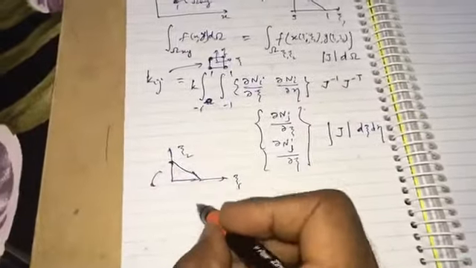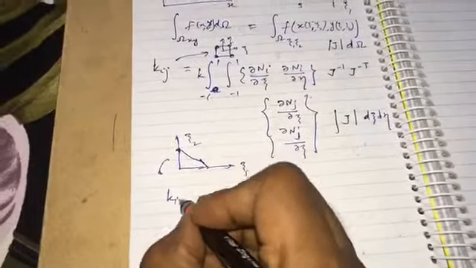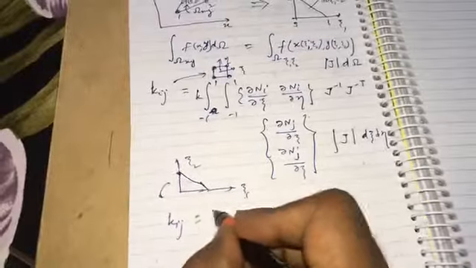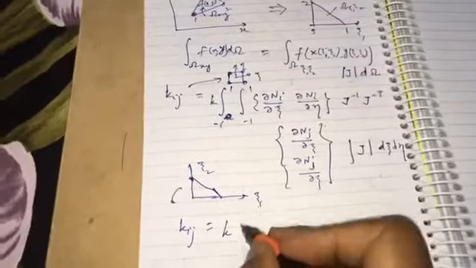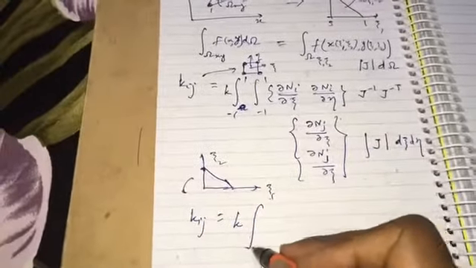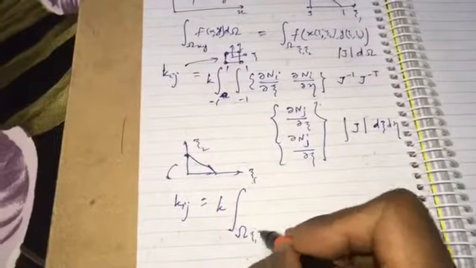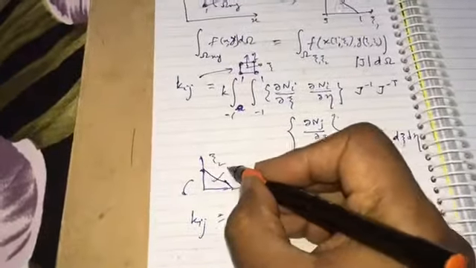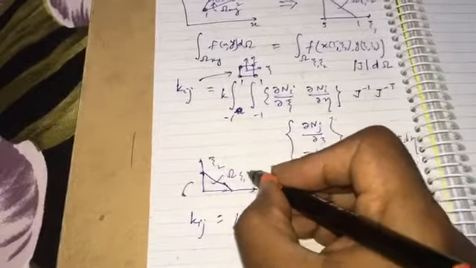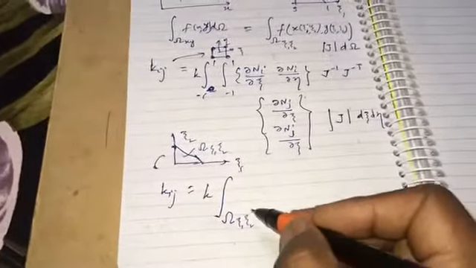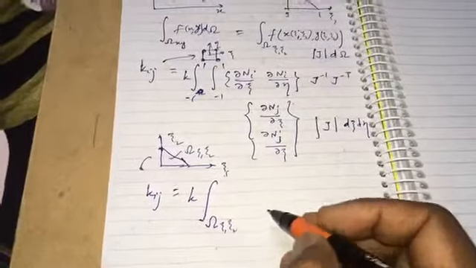So we can write Kij is equal to small k times the integral over omega xi1 xi2, the transformed domain.